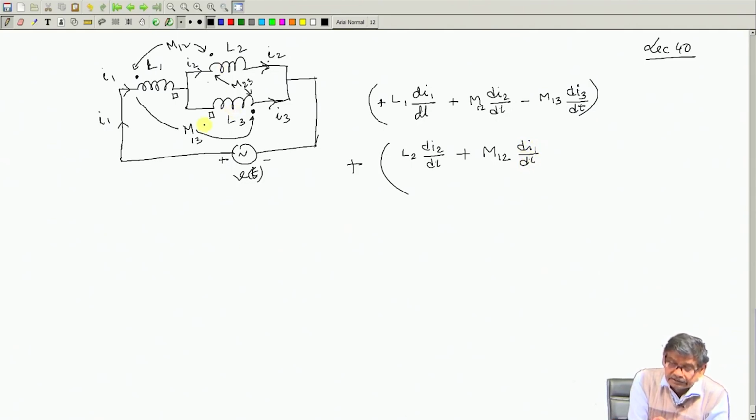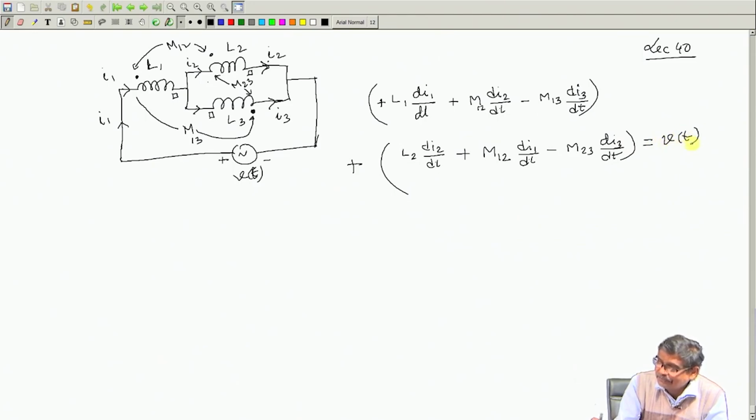And for this, if these two are dots, these two are also squares. Through the square I3 is entering, so this square will become plus. So, it will be minus M23 dI3/dt, and this will be equal to your Vt. Now, it is correct.